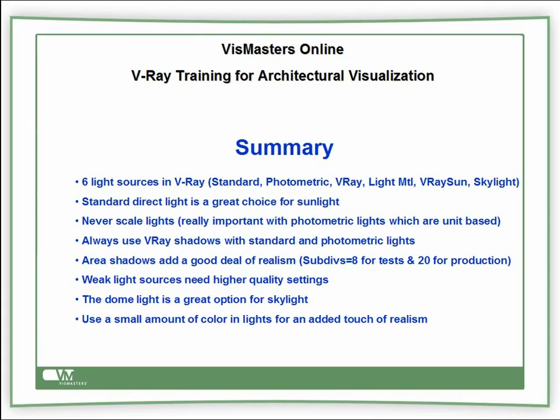And as a review, let's do a recap. There's 6 primary sources of illumination in V-Ray: standard lights, photometric lights, V-Ray lights, skylight, the V-Ray sun, and the V-Ray light material. Hopefully you already have a decent level of understanding of standard and photometric lights, hopefully before you started this module.